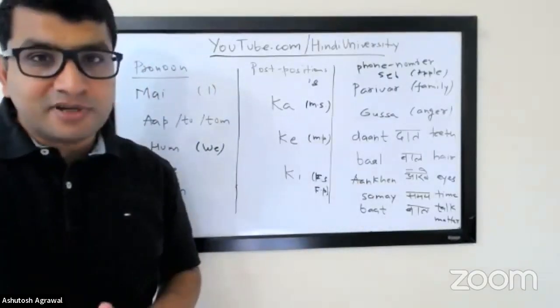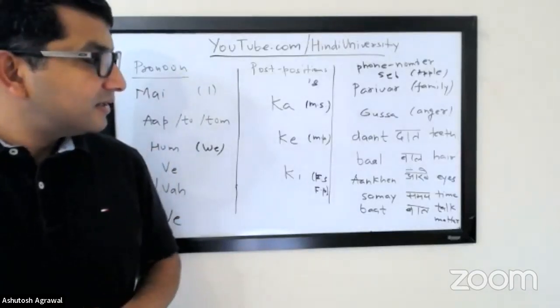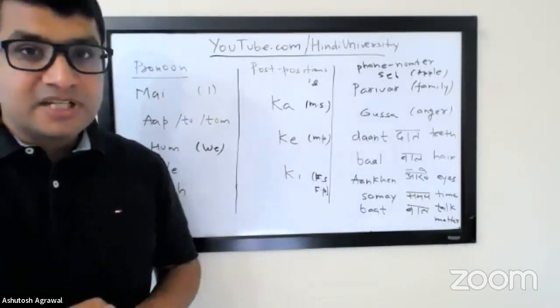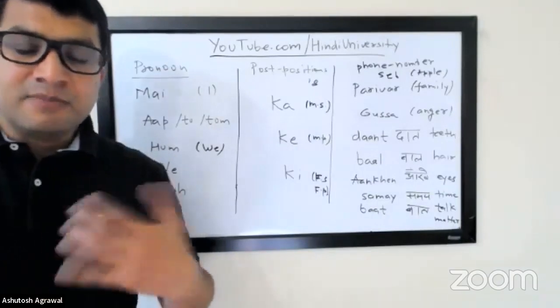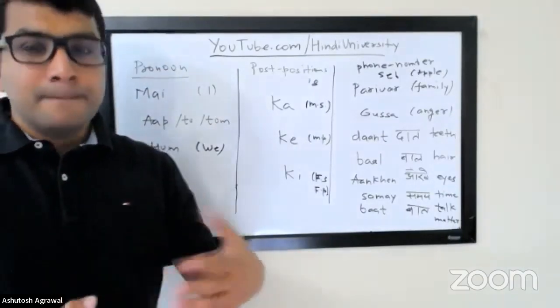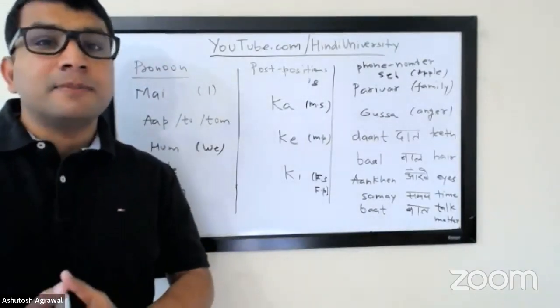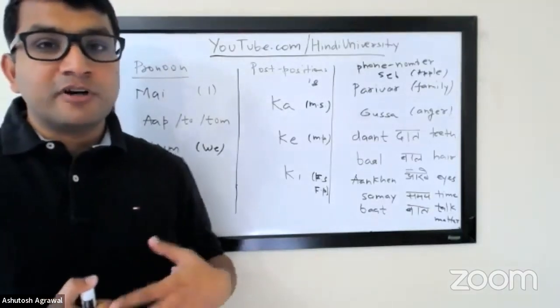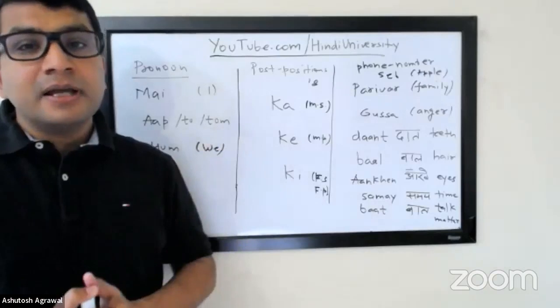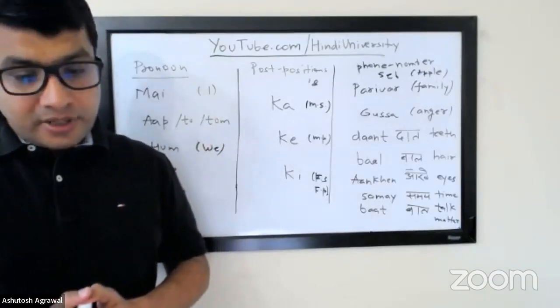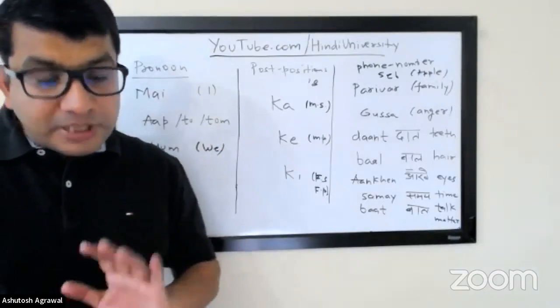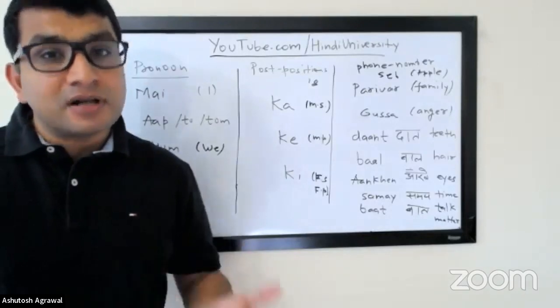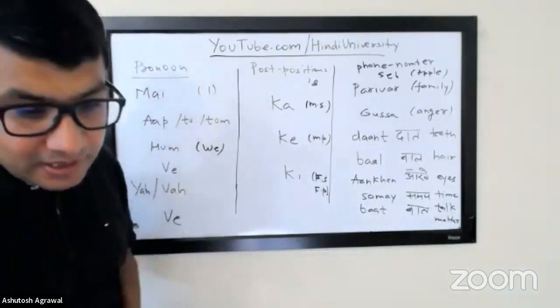Let's say you want to just say one eye: मेरी आँख. And in my eye would be मेरी आँख में. And if you don't know the word for pain, you can just say मेरी आँख में pain हो रहा है. Or you can say मेरी आँख में दर्द हो रहा है.